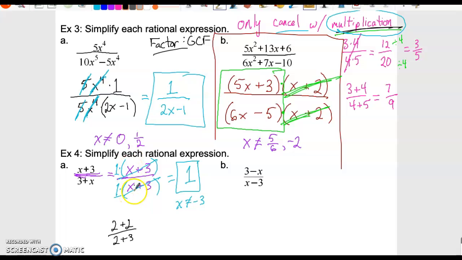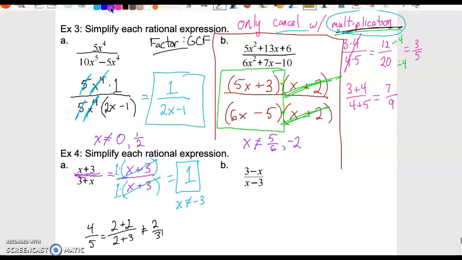If you were to just cancel out the 2's that way, you'd be left with 2/3, which is wrong. Because 2 plus 2 is 4, and 2 plus 3 is 5. Well, 4/5 is 0.8, and 2/3 is 0.6 repeating. So there's a big difference. Please, please, please only cancel things out with multiplication.